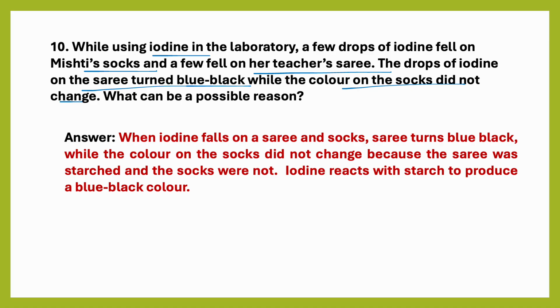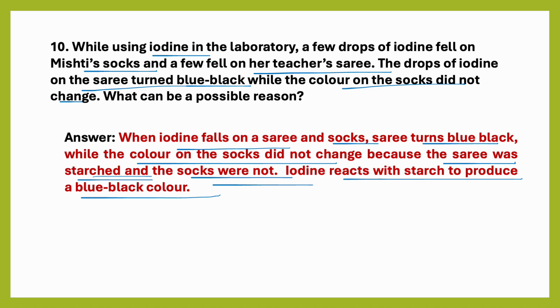So, the sari turns blue-black, while the color on the socks does not change. Why? Because the sari was starched and the socks were not. Iodine reacts with the starch to produce a blue-black color.